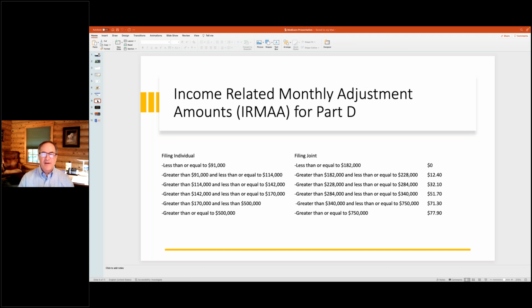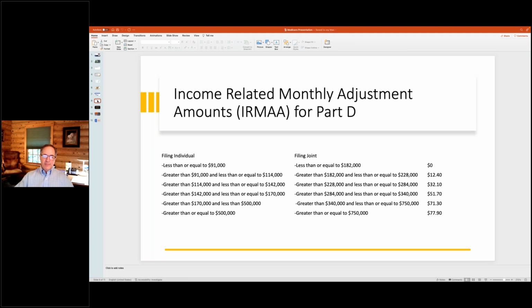Let's say you file jointly, and you're making between $340,000 but less than $750,000. But let's say your prescription drug program is very minimal, meaning you take just cheap generic medications. The least expensive prescription drug plan out there is only $7.10 because you take cheap generics.